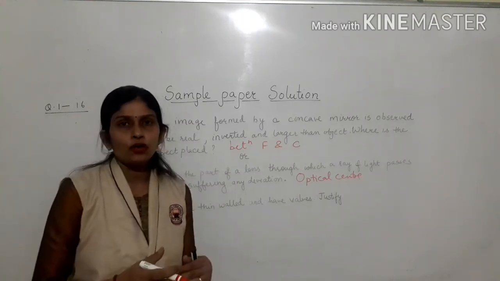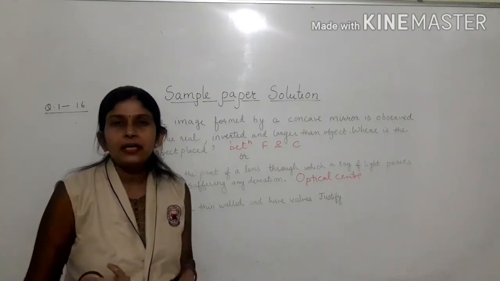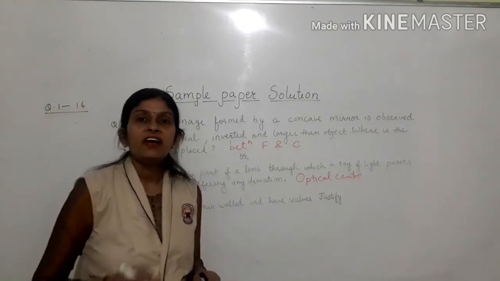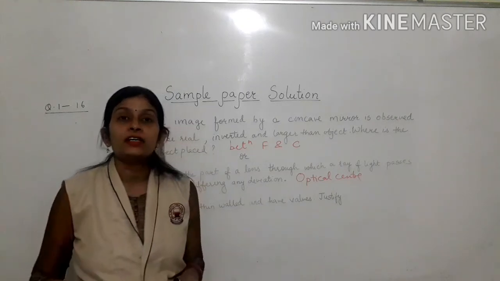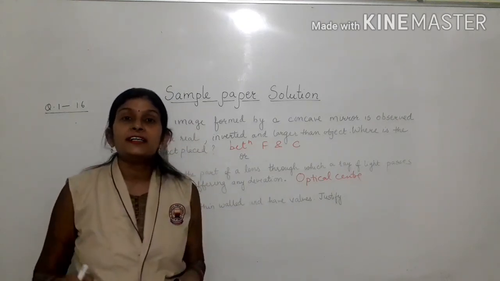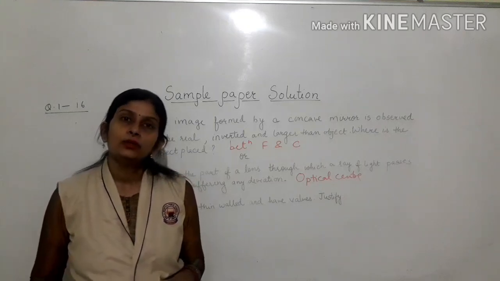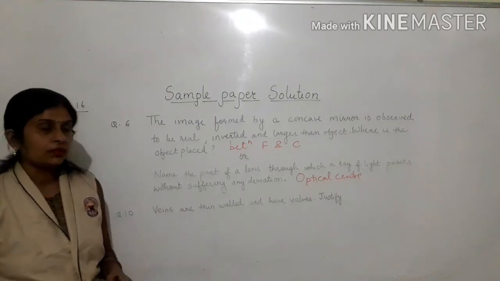So, thin walls of the veins can tolerate this very low pressure. Okay, due to this very low pressure or no pressure, blood can flow backward. So, to prevent its backward flow, valves are there. Okay, so this is the answer of this question.